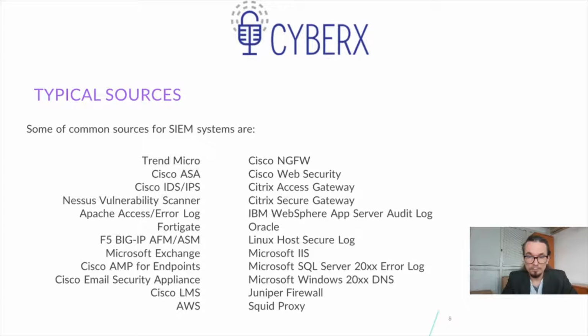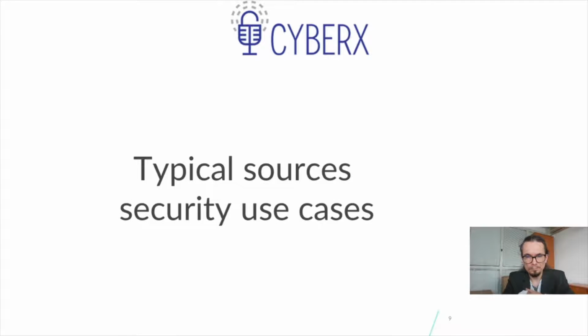There are a lot of them. It's only a small fraction of the typical sources that you are usually sending to the SIEM, but it gives you an idea of what kind of sources can be sent to the system.